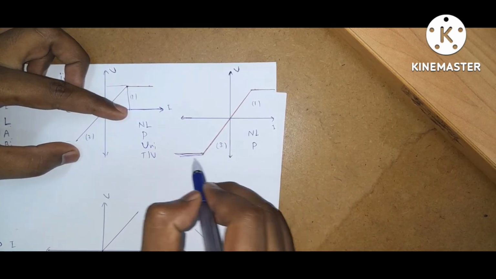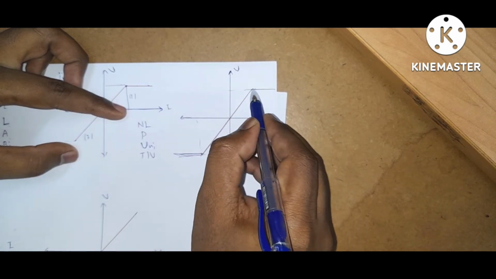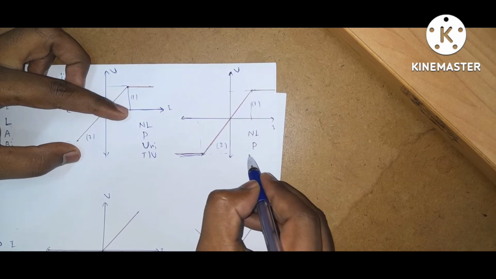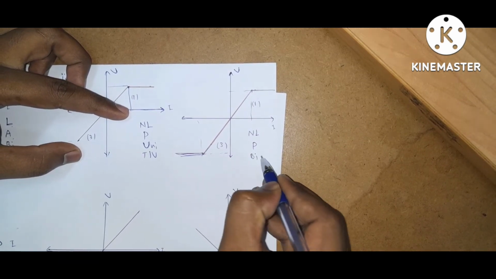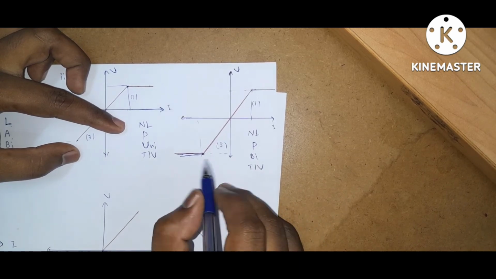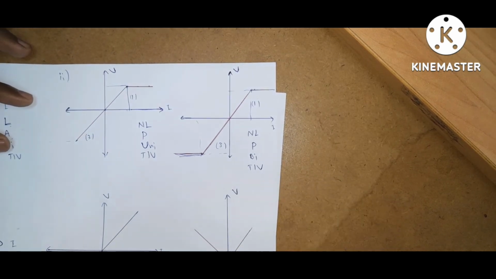Again, if values are not mentioned, you will get the same impedance for both directions of current, so this is a bilateral element. Again, it is time invariant, only one characteristic line.